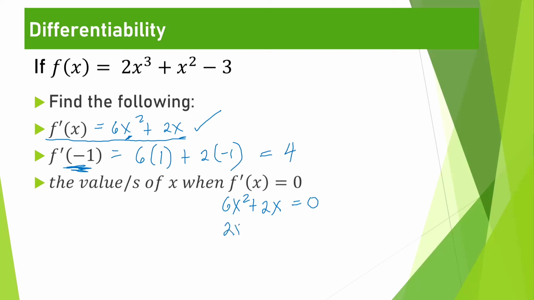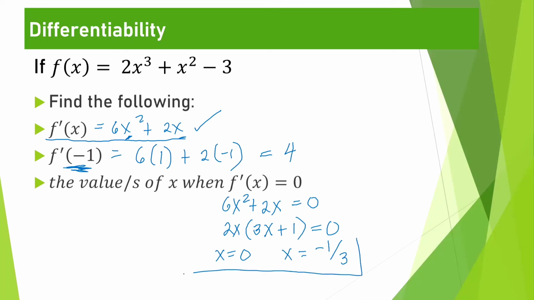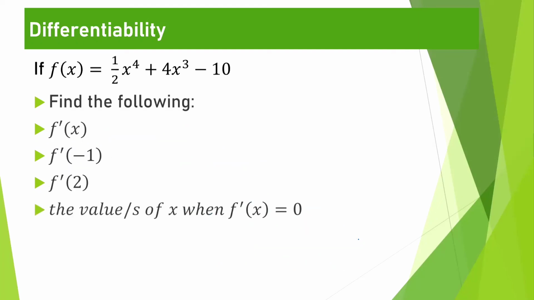We do some factoring. 2x and then 3x plus 1. So this is 0 when x is equal to 0 or when x equals negative 1/3. Okay, so these are the values of x making our derivative 0. Let's go to our next example.